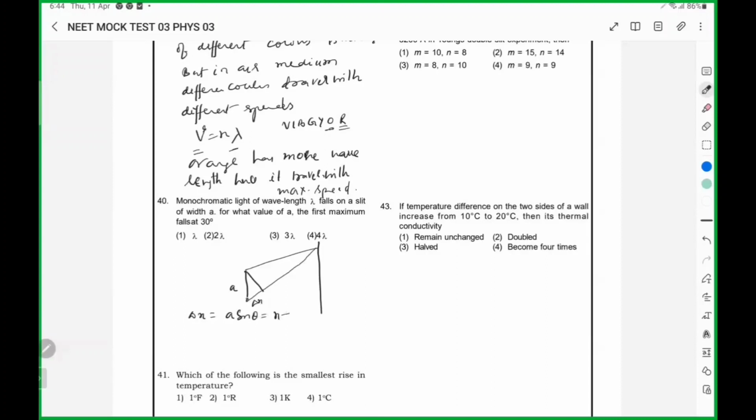So it will be maximum for n plus half into lambda. For the first maxima, n is equal to 1. He told the first maximum falls at 30 degrees, 3 by 2 lambda. So a by 2 is 3 lambda by 2.